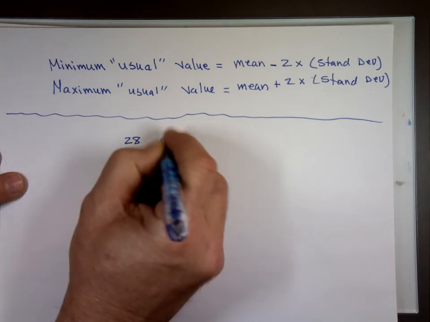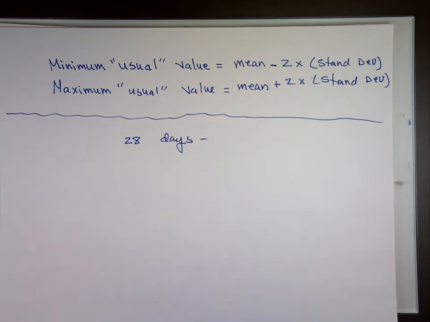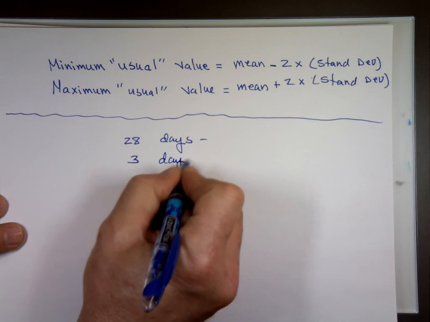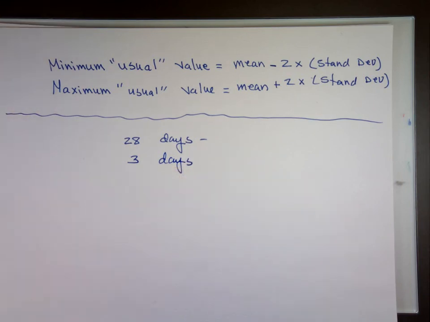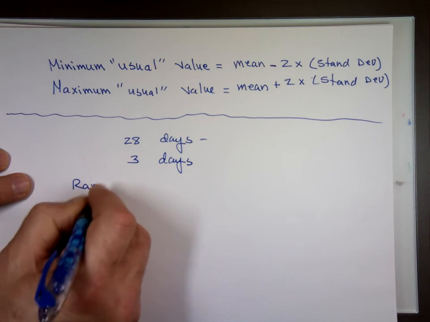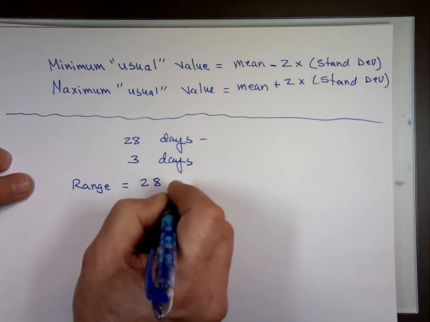We're not talking about the ones who died from it. And the shortest period, some people are only affected for as short as 3 days. We don't have everyone's information. All we know is what we call the range. The range is the highest value minus the lowest value. So the range here for being infected by Ebola is 25 days.